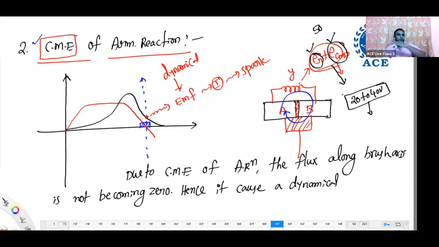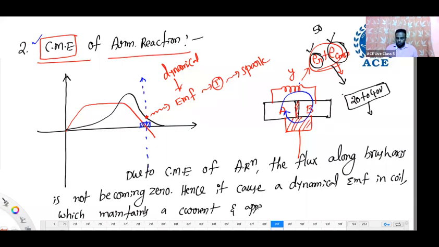This is the flux going from north to south. That is time invariant flux. That flux will cause an EMF, dynamical EMF we call, in the coil, which maintains a current and appears as a spark at the brushes.